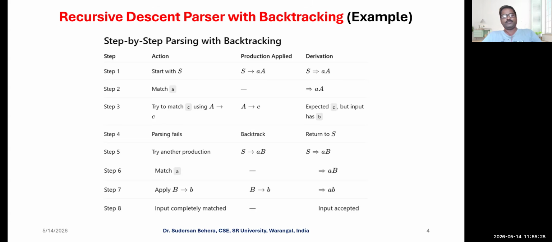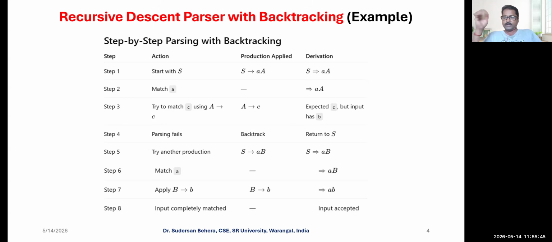Then step 3, it expands the non-terminal, because the second input symbol is B. Whenever it reads the second input symbol B, it will see the second grammar symbol is capital A, so B is not equal to capital A.